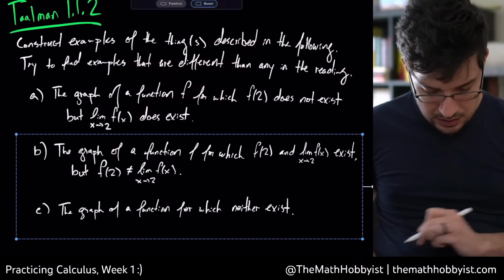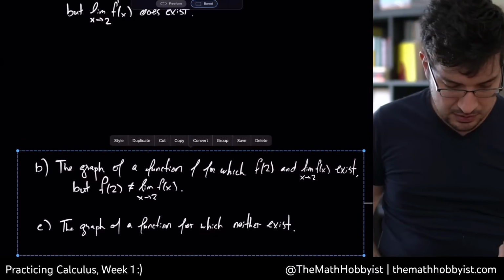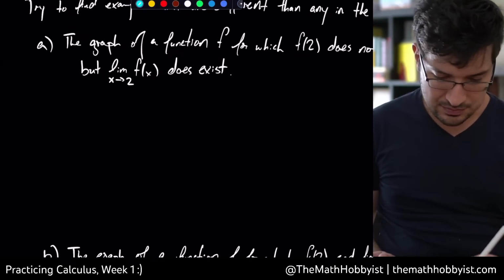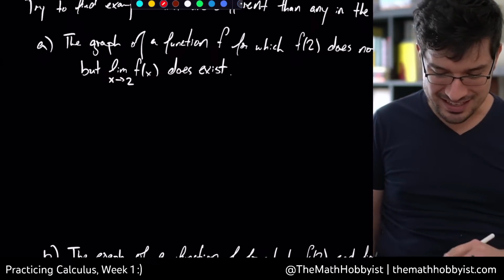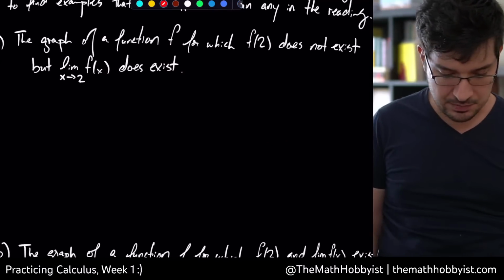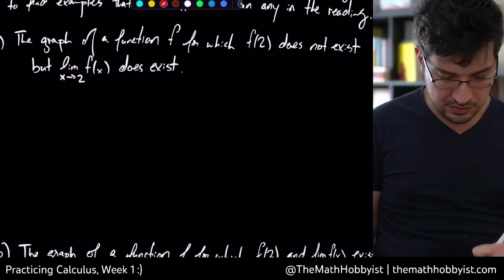It says try to choose examples that are not in the section. Well, guess what? I haven't even read the section, so maybe I'm reusing the same examples, maybe not. Okay, so f of 2 does not exist, but the limit as x approaches 2 does exist.